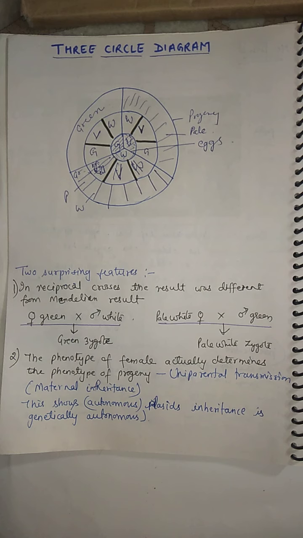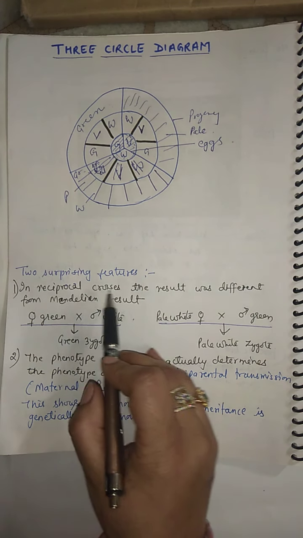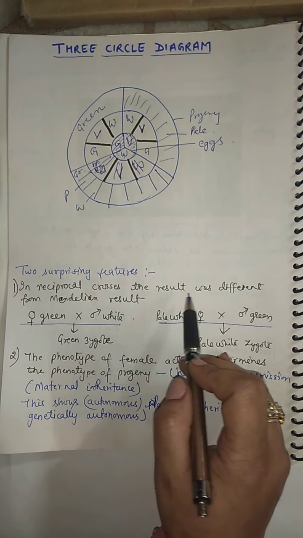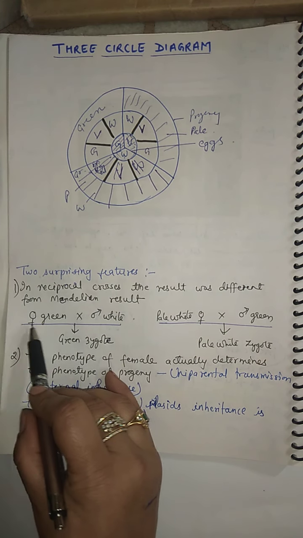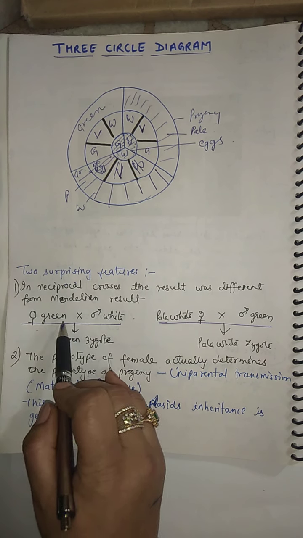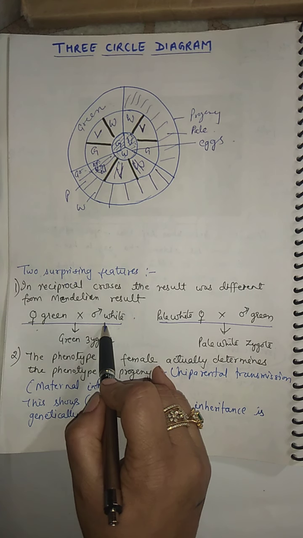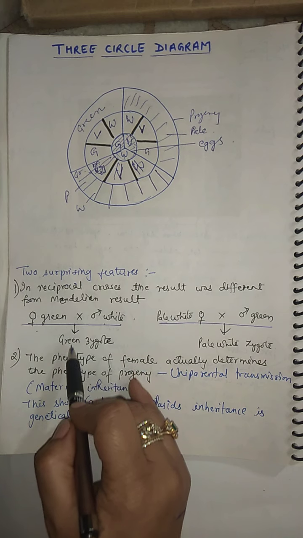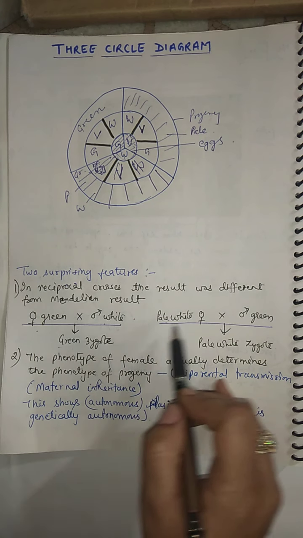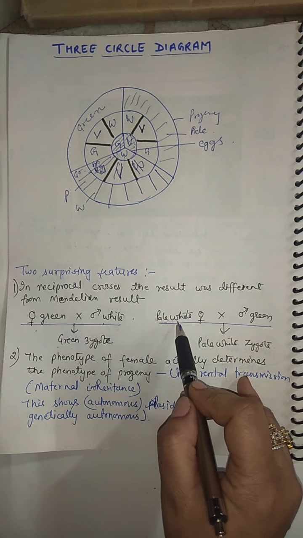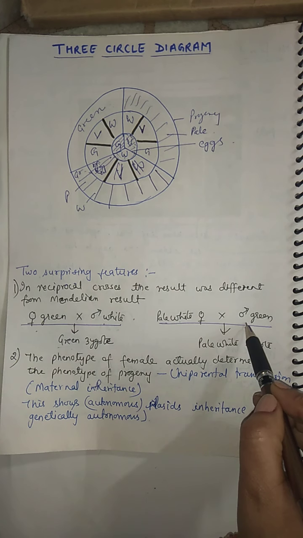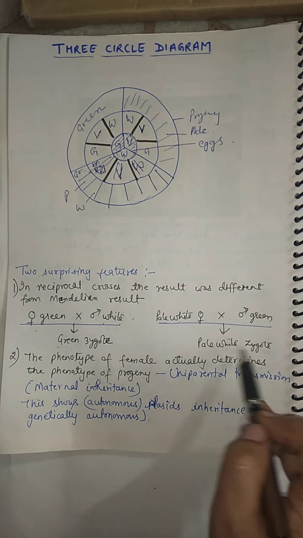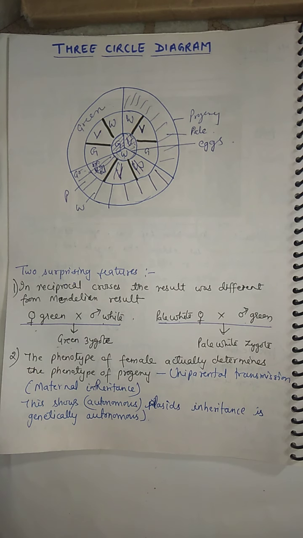Correns also observed a surprising feature: if we do a reciprocal cross, the result will be different from the Mendelian result. If we take a female green branch and a male white branch, fertilization will give a green zygote, and in its reciprocal, where we take a female from a white branch and male from a green branch, it will form a pale white zygote.